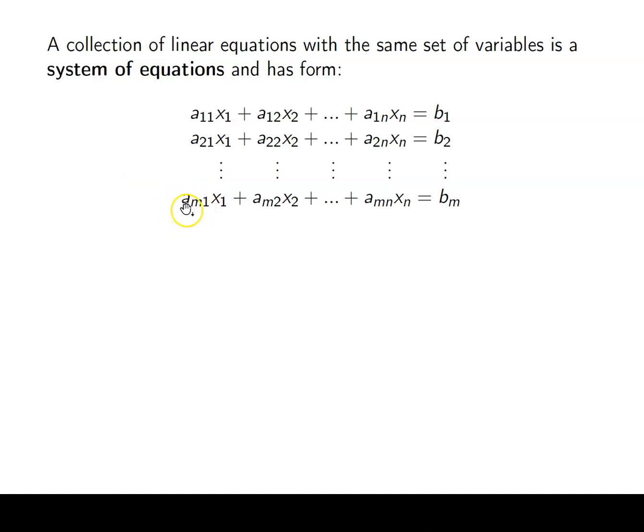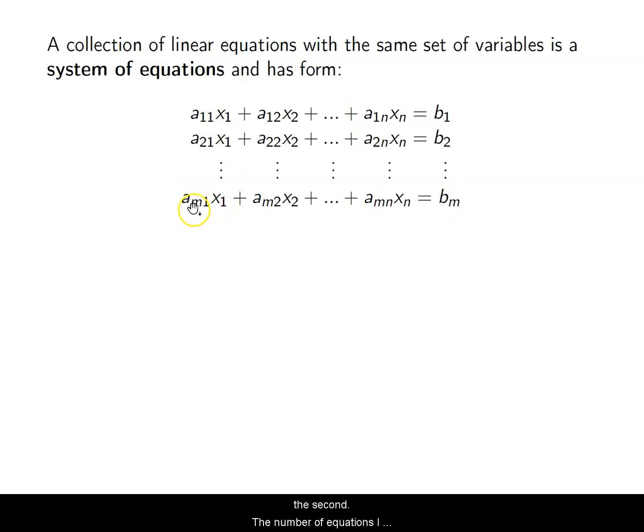This is my coefficient in the mth equation, first position, right? This is the second coefficient in the mth equation, right? So I'm trying not to say it backwards, but it makes more sense that way. We want to get used to it, thinking about it as the coefficient in the mth equation attached to the second variable, right? And so forth down the line.